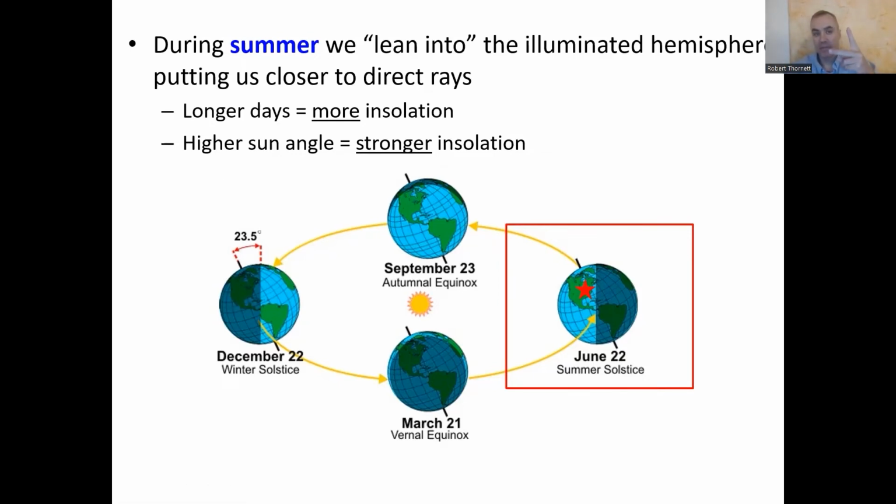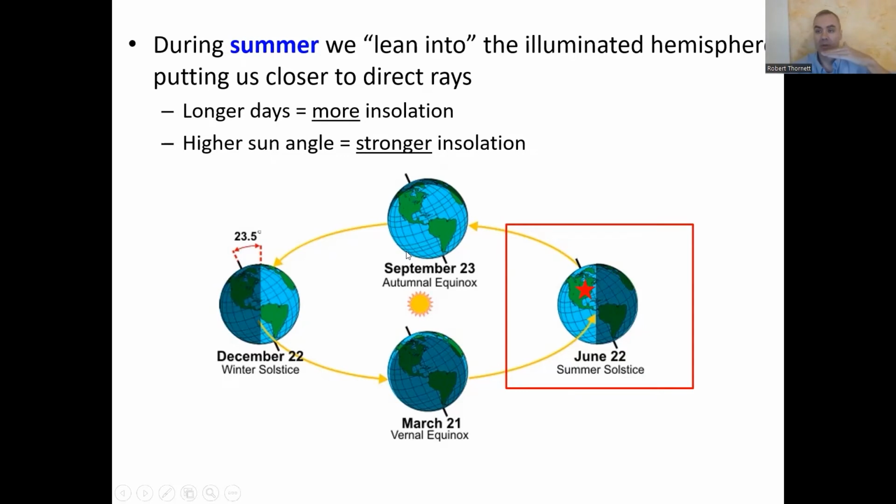The second thing that goes along with that in the summer, besides longer days, is that you have stronger insolation coming in, meaning that the intensity of the rays is stronger, not just the amount of time that it's daylight. There's more daylight, but it's also stronger sun during that daylight. That's because the sun angle is higher in the sky.